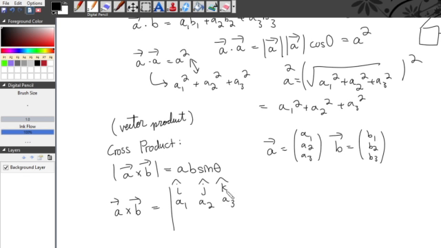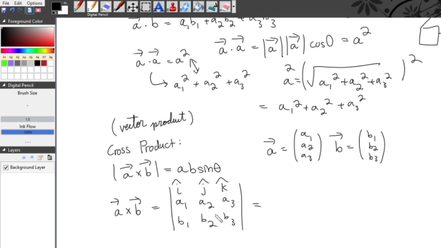The top row would be i hat, j hat, k hat. The second row would be a sub 1, a sub 2, a sub 3. And finally, the third row would be b sub 1, b sub 2, b sub 3. And so you just do it like this.